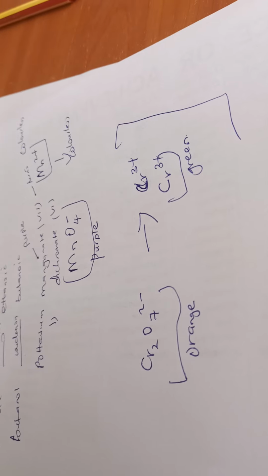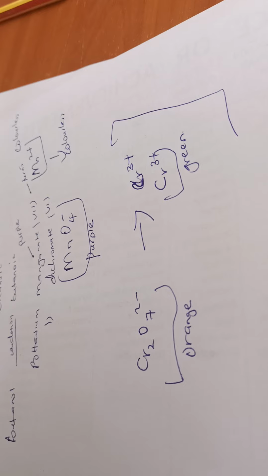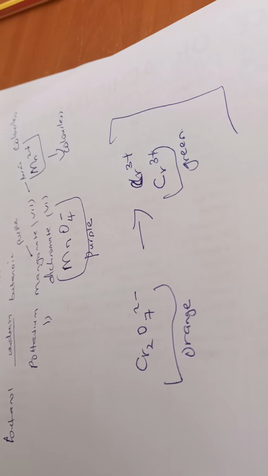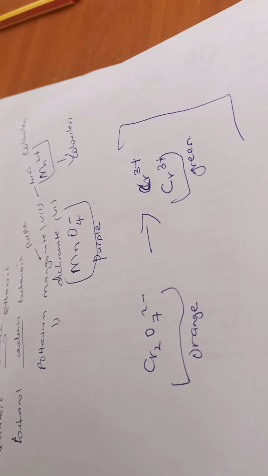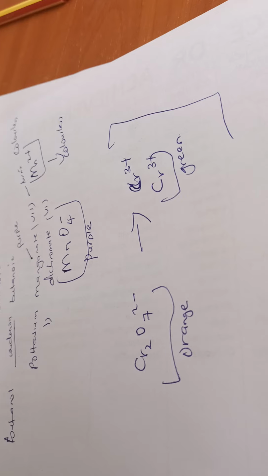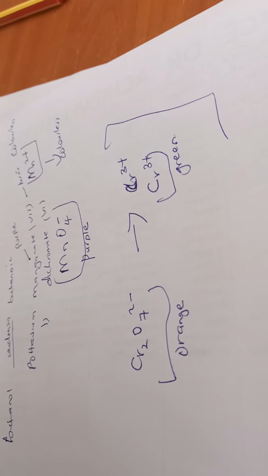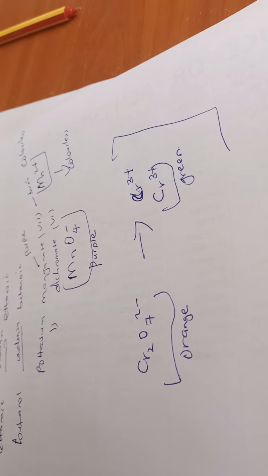And this is the confirmatory test for alkanols. When you add dichromate(VI) to something and it turns from orange to green, it confirms that the substance is an alkanol. In paper 3, it is the confirmatory test.